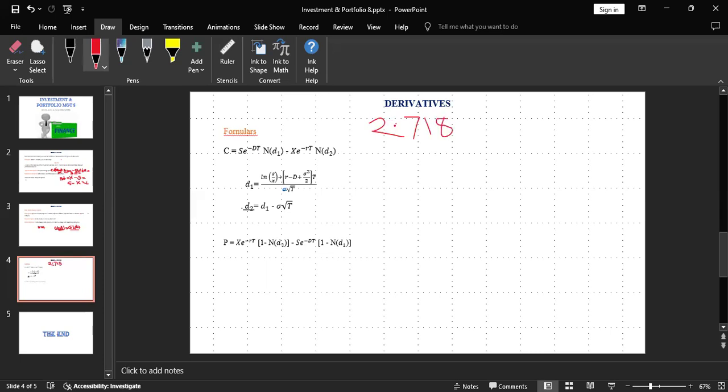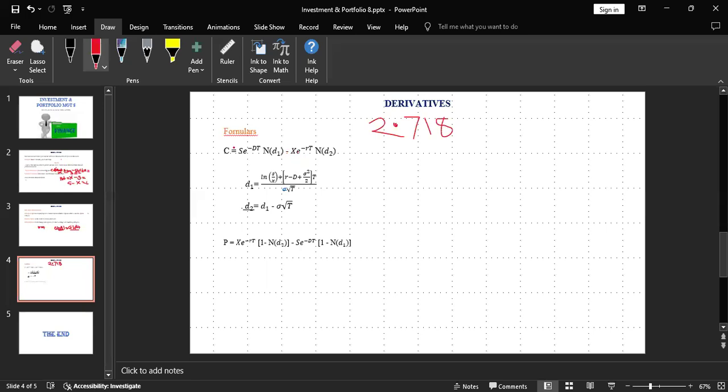I stand to be corrected on the name. The N(d1) here we'll calculate to get it. The X here represents the exercise price, the agreed price, the strike price.